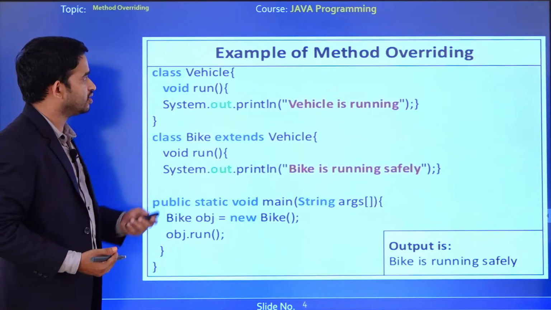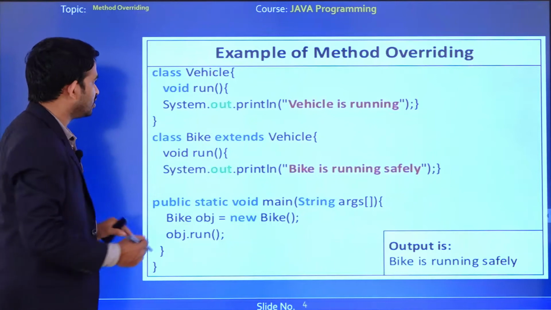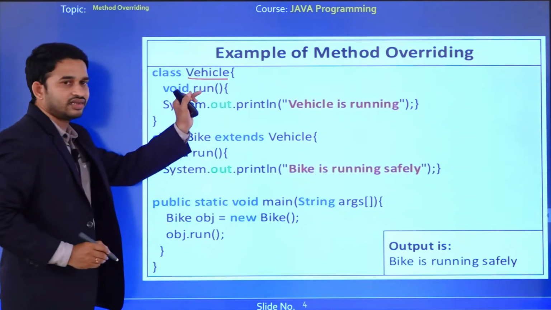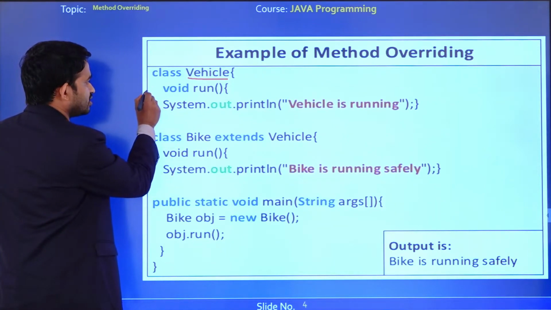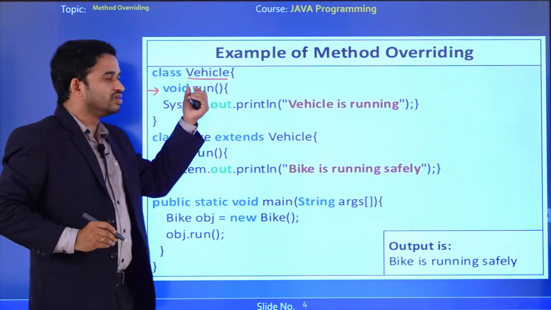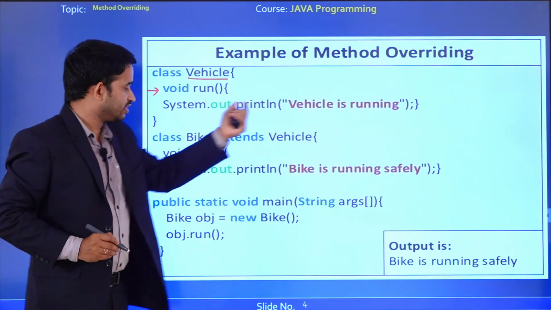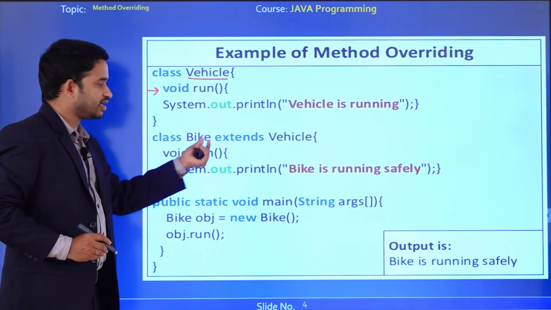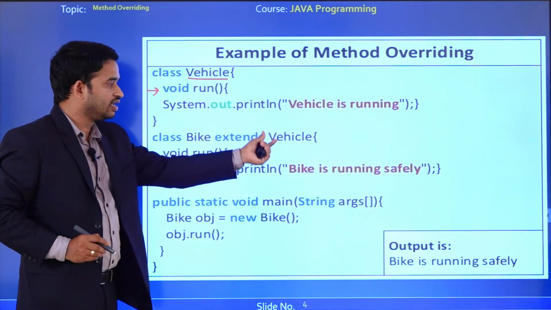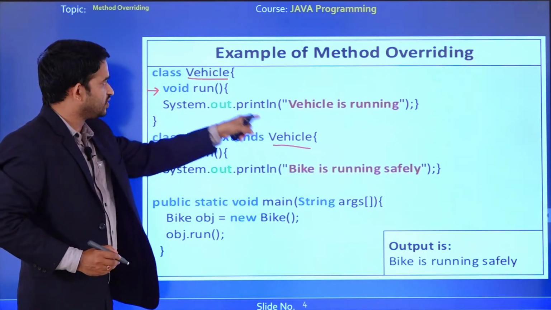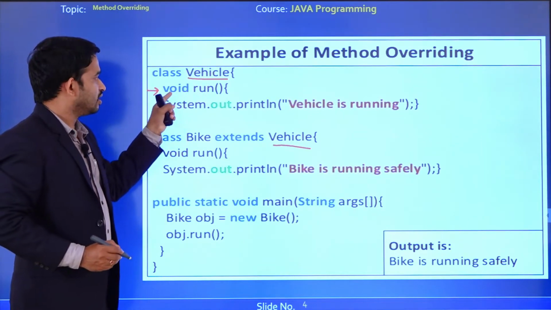Next we go for an example. Vehicle is the name of the class. Inside this I declare one method, the run method, with the implementation Vehicle is running. Next I write class Bike extends Vehicle. So Vehicle is the superclass. What properties did we declare in the Vehicle class? The run method.